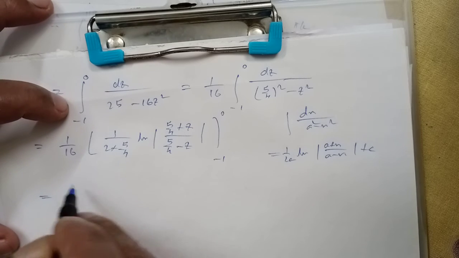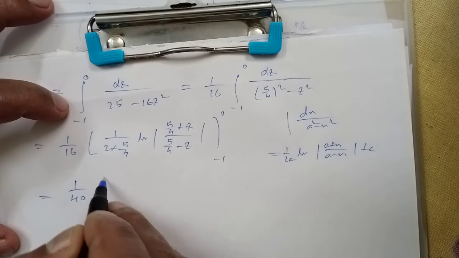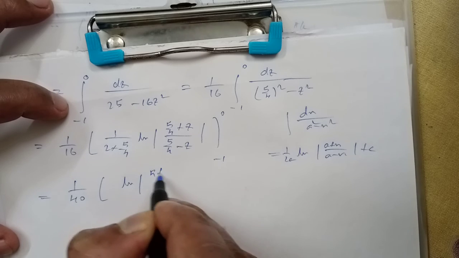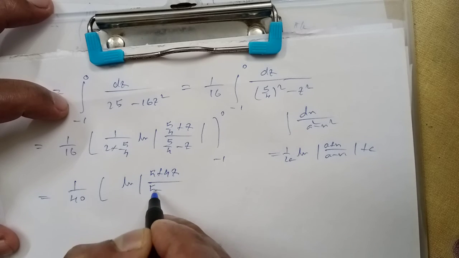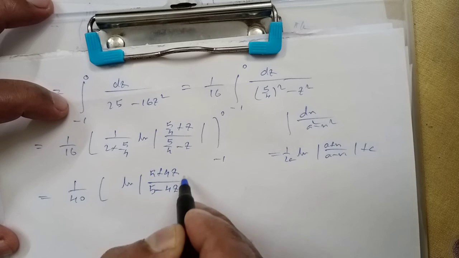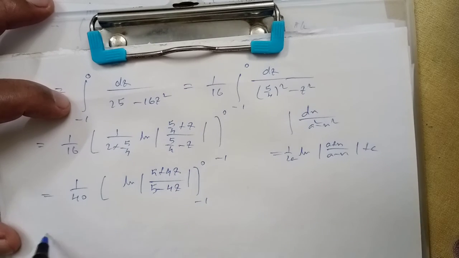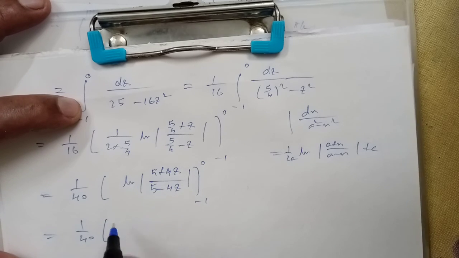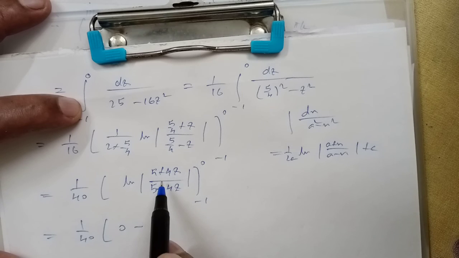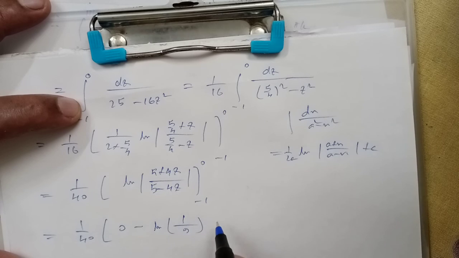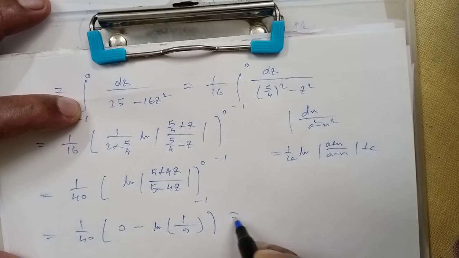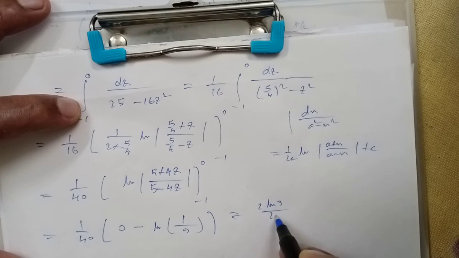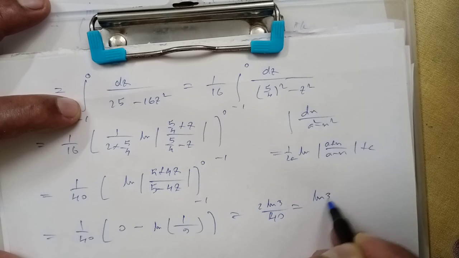2 by 5, so 1 by 40, 1 by 40 ln of mod of 5 plus 4z by 5 minus 4z, limits are minus 1 to 0. 1 by 40, put 0 first, so ln of 1 is 0, minus, then minus 1, 5 minus 4 is 1, this is 9, so this is minus ln 9, so plus ln 9, you can write 2 ln 3 by 40, that is ln 3 by 20.